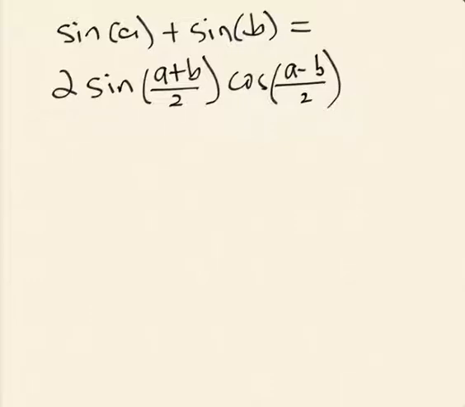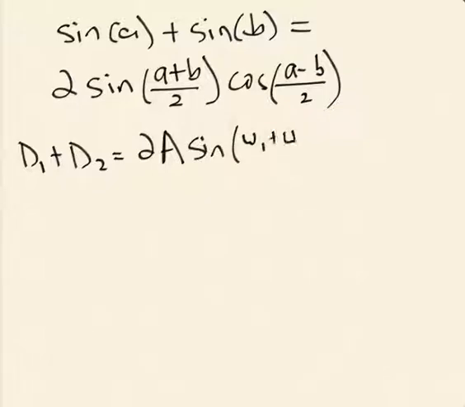And so in our particular case, d1 plus d2 is going to be 2 times the amplitude, I'm assuming here they have the same amplitude, of sine of (omega 1 plus omega 2) over 2 times t, multiplied by cosine of (omega 1 minus omega 2) over 2 times t, if I can squeeze it in here.